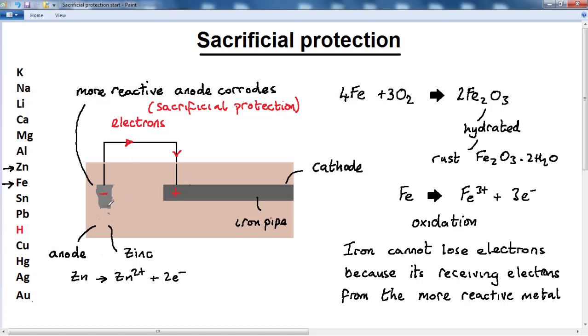In practice, the way this method works is that the sacrificial metal is literally bolted on to the object that it's protecting, so that it's not actually welded but is in close contact with the other metal. In doing so, there will be regions of contact which complete this part of the circuit, and there will be gaps that are separated with an electrolyte. Let me give you an illustration.